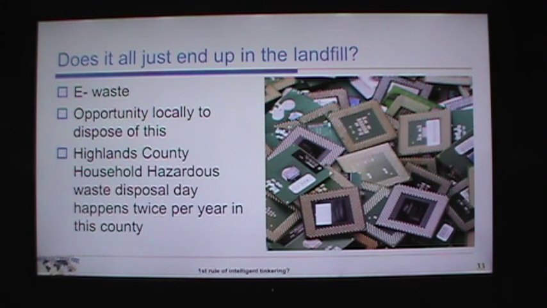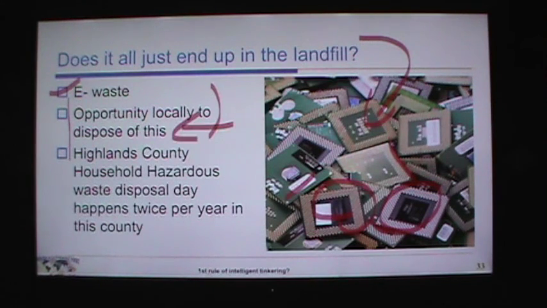So where do all of these electronic chips and things, gold, platinum, silver, all that sort of stuff, found in little bitty quantities in each of these chips, end up? Does this all just end up in the landfill? Well, it could be toxic if it's exposed to water. It's considered e-waste. There are opportunities to dispose of this. Locally, there's an opportunity twice a year in this county.